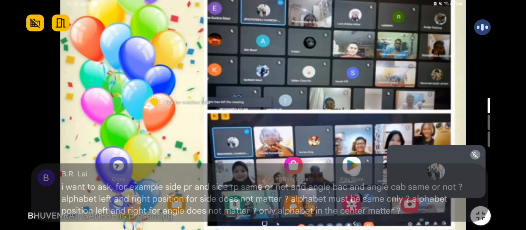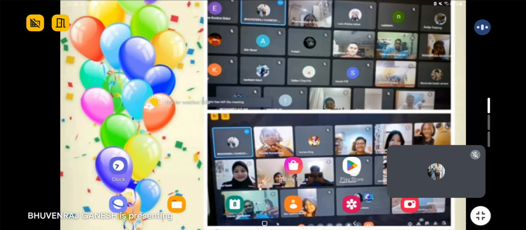So long I want to ask, for example, side PR and side RP, same or not? Alphabet left and right. Alphabet position will matter. You must see the corresponding alphabet like B and B prime. If they don't give you label on alphabet, then you must just look at the diagram and check and see.